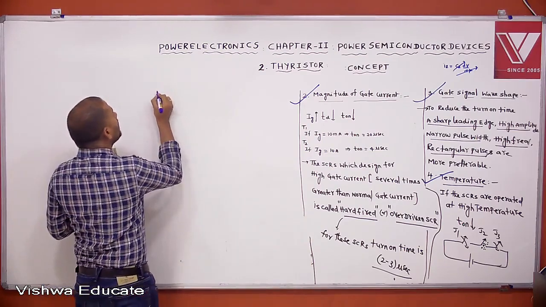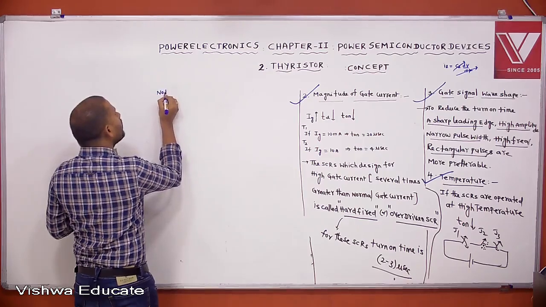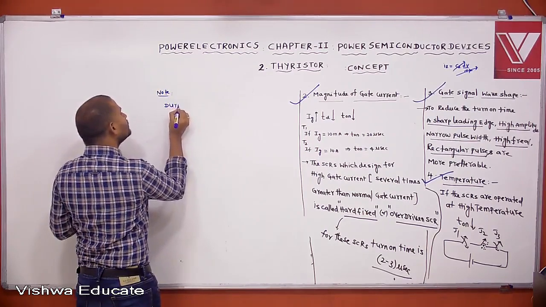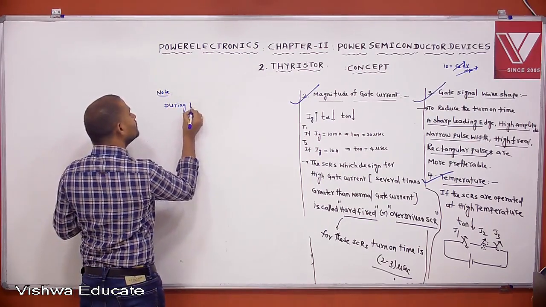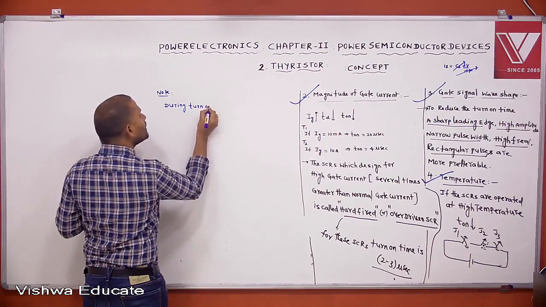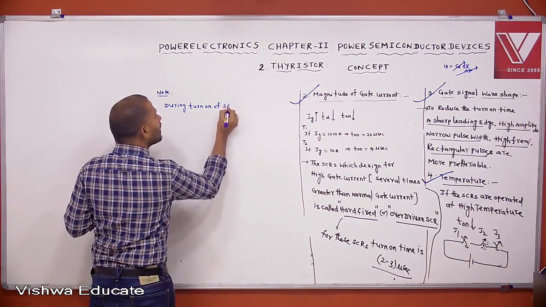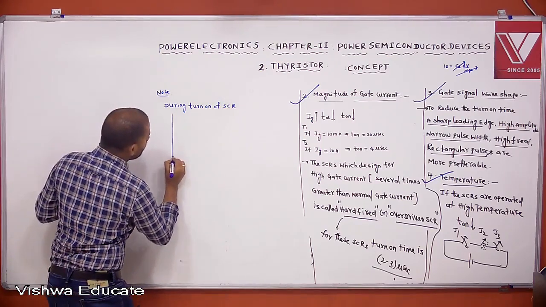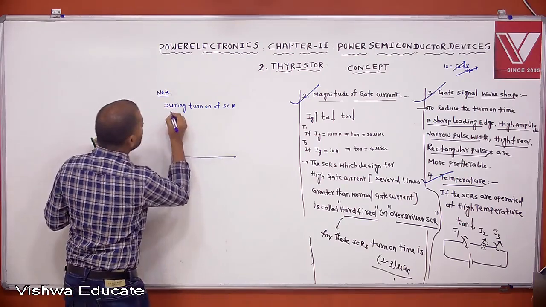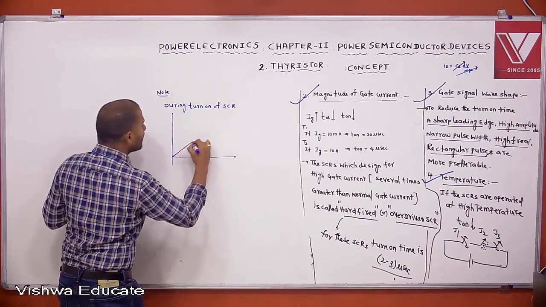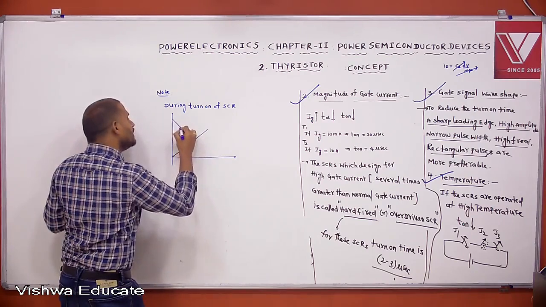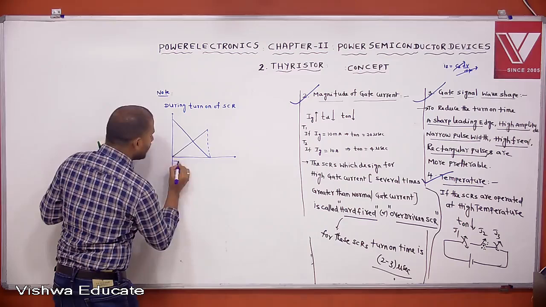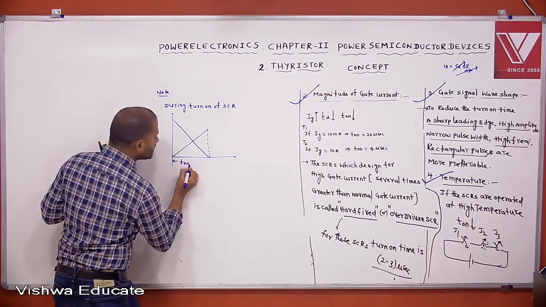Remember as a note: during turn on of SCR, the current is linearly rising, let us assume, and voltage is linearly falling. This is happening during turn on of SCR.